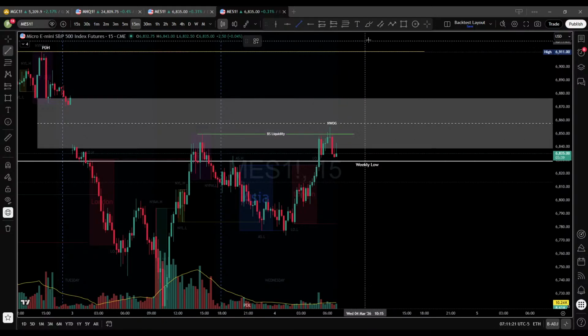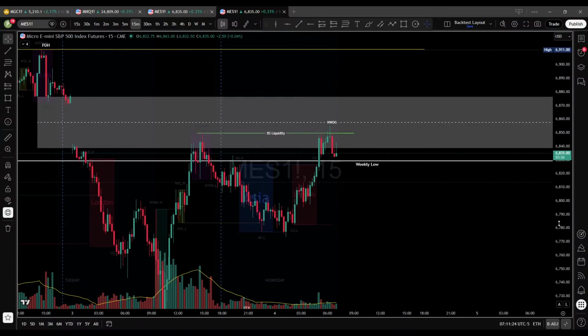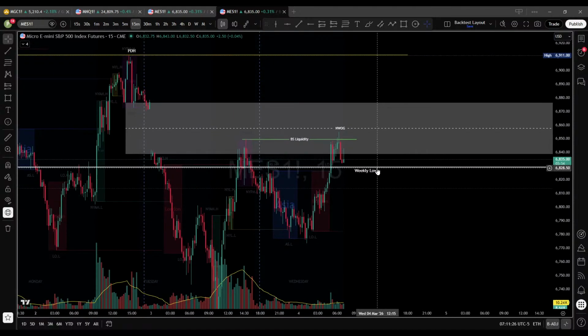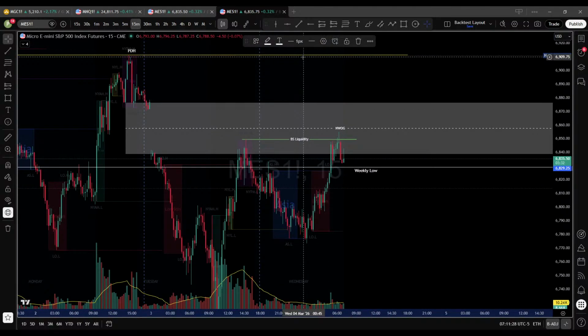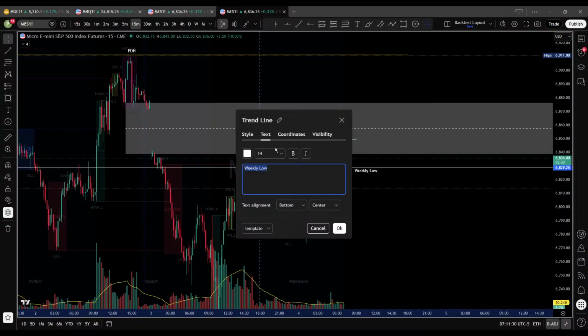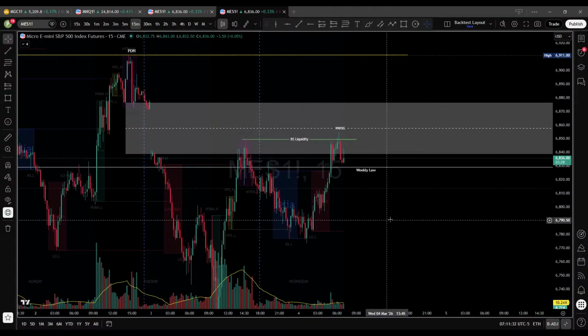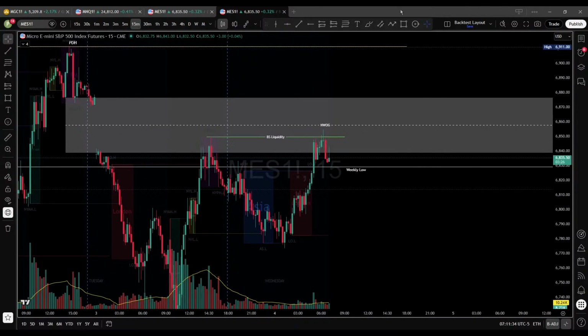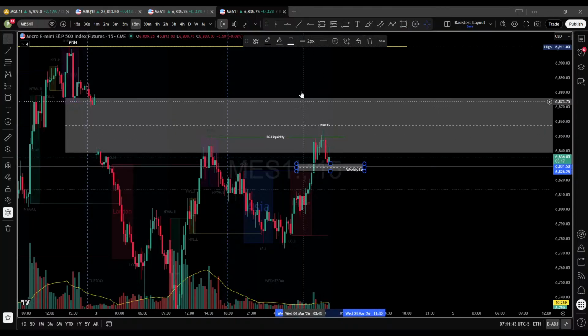ES is weaker as compared to NQ. We have a fair value gap right here.